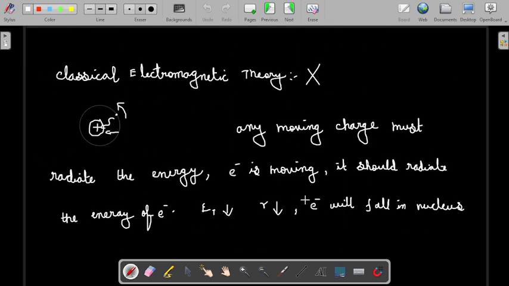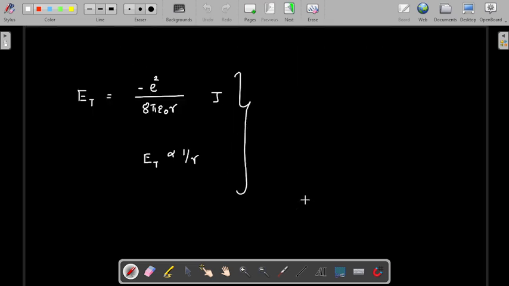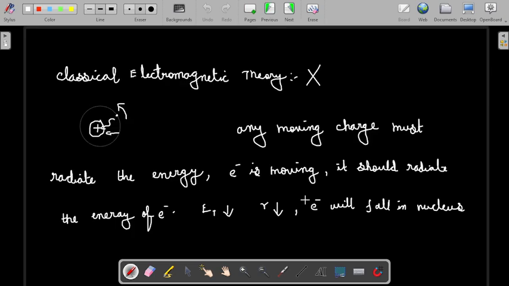So let me summarize what we have learned today. In the beginning we went through what we did in the last class: the energy is inversely proportional to the radius. Then the classical electromagnetic theory states that any moving charge must radiate energy, so eventually the electron must fall into the nucleus.